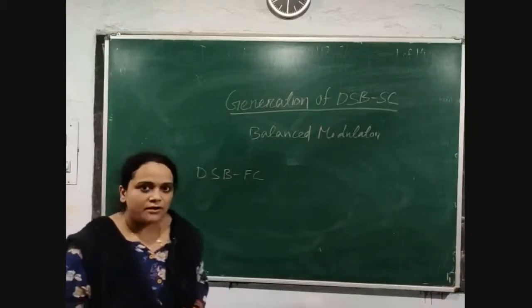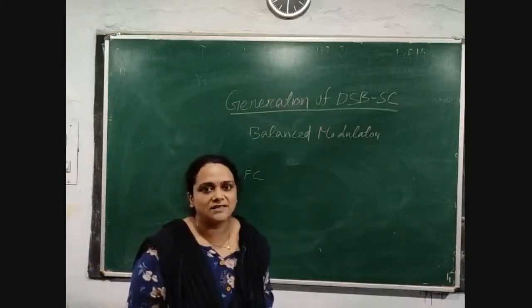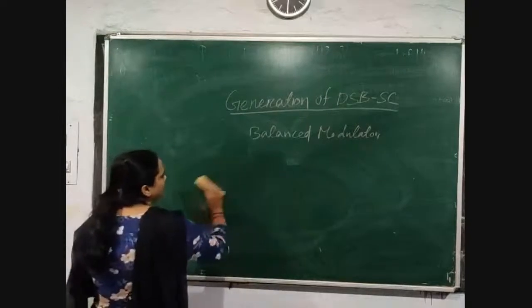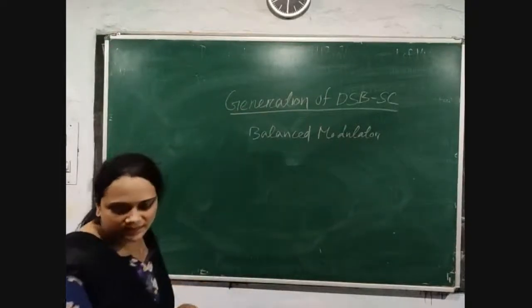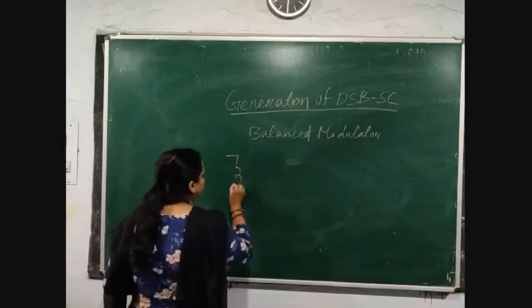So, if we connect two nonlinear devices in a balanced mode, then it is possible to suppress the carrier. So, in balanced modulator, we connect two nonlinear devices in a balanced mode. So, first we draw the circuit diagram.